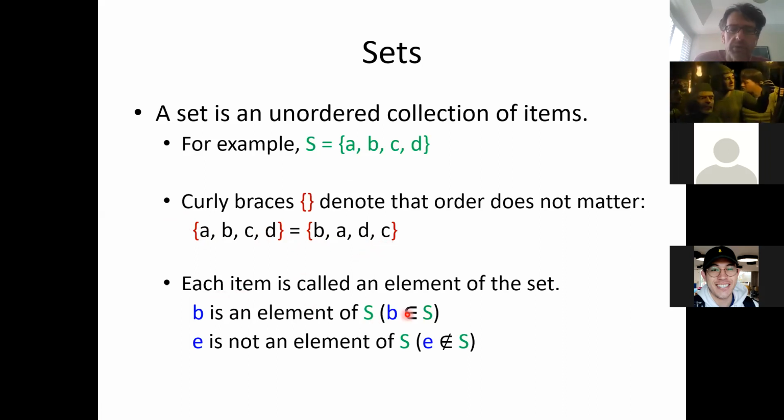We have a special symbol for denoting that an element, B here, is an element of the set S. The special symbol is this, and it's read as "is in" or "is an element of," okay? So I can just read it, B is in set S, B is an element of set S. And if I want to say that it's not an element, I just cross out this symbol, okay?